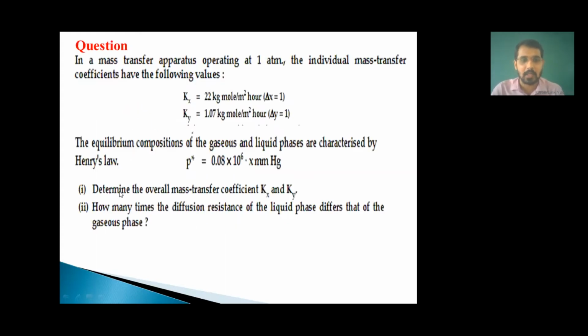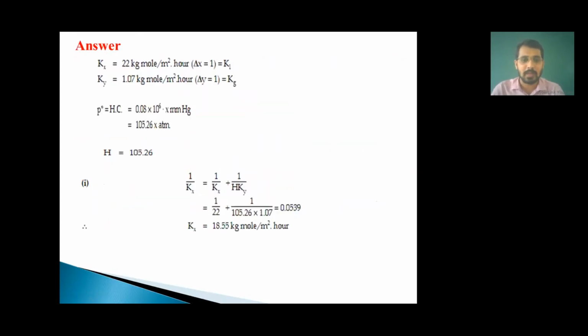The first part is to determine the overall mass transfer coefficient, that is capital Kx and capital Ky. So we will determine first for liquid phase. We have the equation 1 upon capital Kx is equal to 1 upon small kx plus 1 upon capital H into small ky.